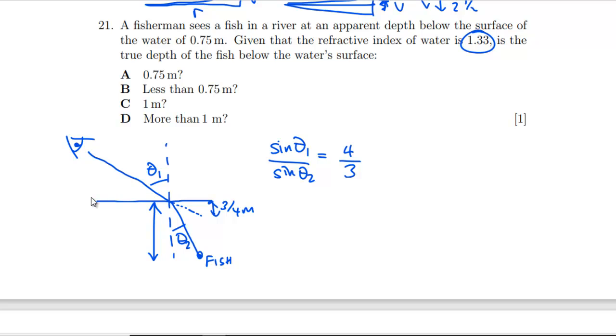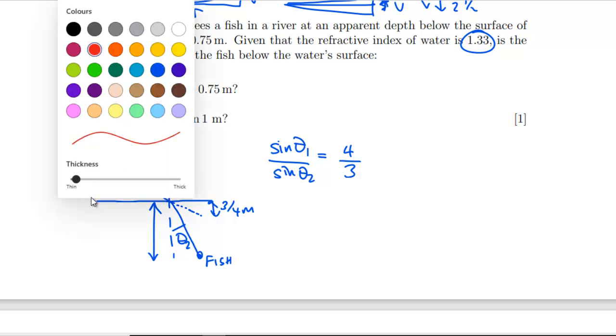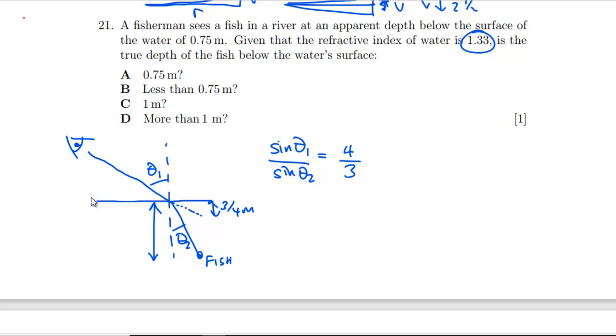Maybe something with tans, because we've got the same distance. I'm going to change colour so I don't get mixed up. We've got something about depths. We've got that D, so let's make that some kind of distance x that the fish is across.